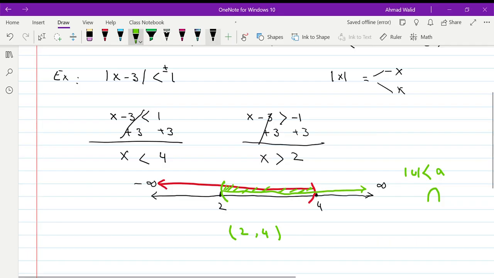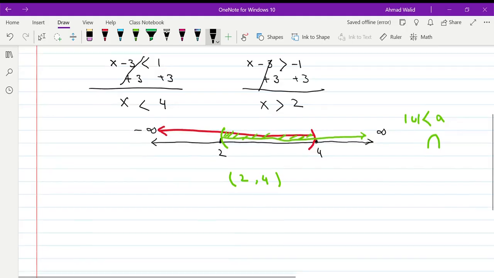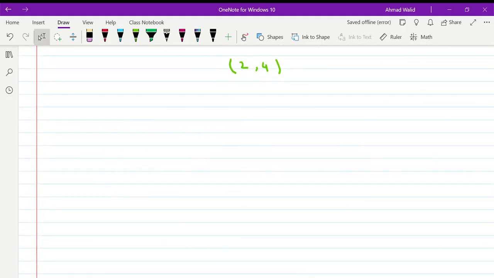How to deal with it in the easiest way? Method 2 is actually easier, with less confusion. Look, we have the absolute value of x minus 3 less than 1. In method 2, remove the absolute value of x minus 3. Copy this sign in both sides like this.